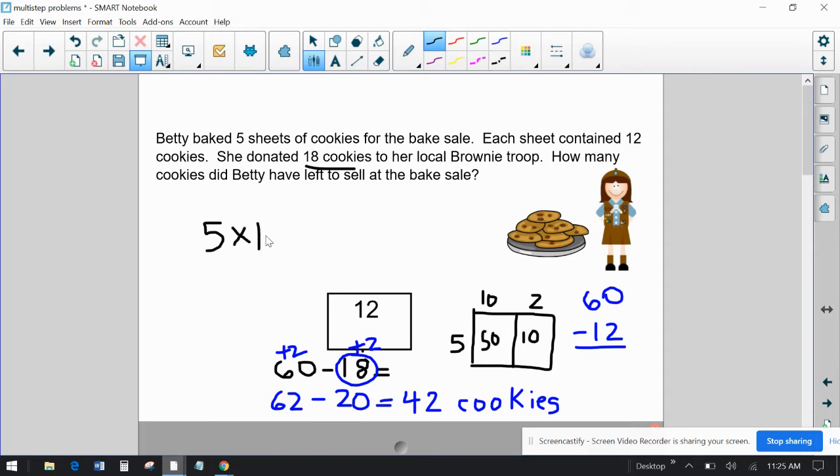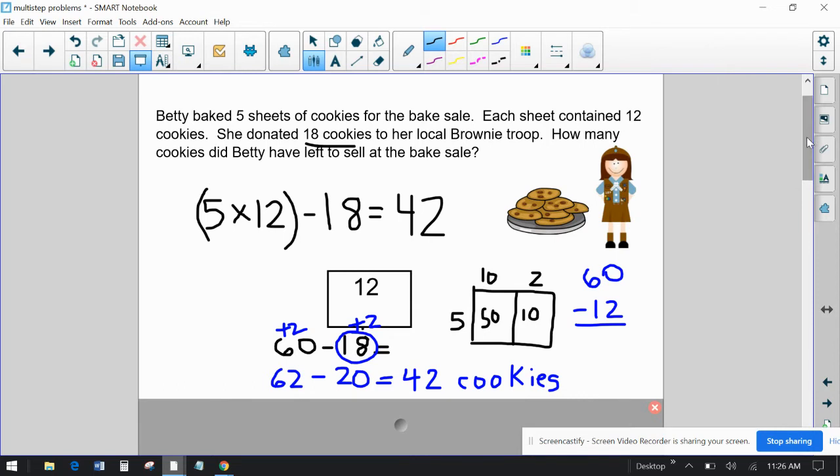We knew that was multiplication because it was adding the 12 plus the 12 plus the 12, 5 times. And I'm going to put that first step in parentheses. And then the second step, she donated the 18. So I'm going to subtract 18, and that ends up equaling 42 cookies. So that is how we solve a multi-step problem.